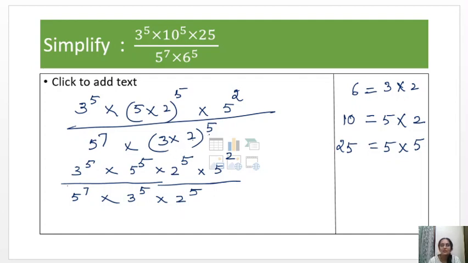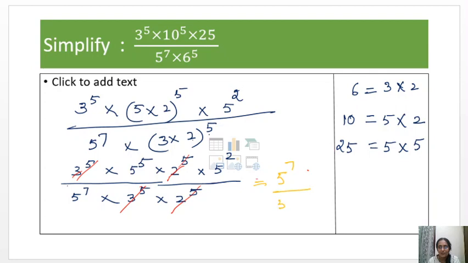Right, now here you can cancel 2 power 5 with 2 power 5, and 3 power 5 with 3 power 5. Now here 5 power 5 into 5 power 2: a power m into a power n is a power m plus n, that is 5 plus 2 is 7.